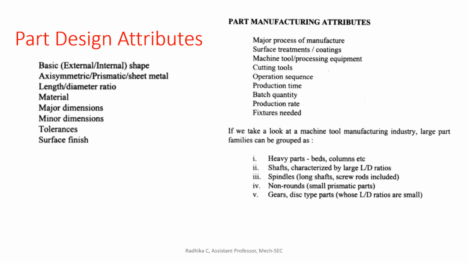Whereas part manufacturing attributes include major process of manufacturing, surface treatment, machine tool, cutting tools, operation sequence, production time, batch quantity, production rate, and fixtures needed. If we take a look at the machine tool manufacturing industry, large part families can be grouped like heavy parts, shafts, spindles, non-rounds, gears, and this type.